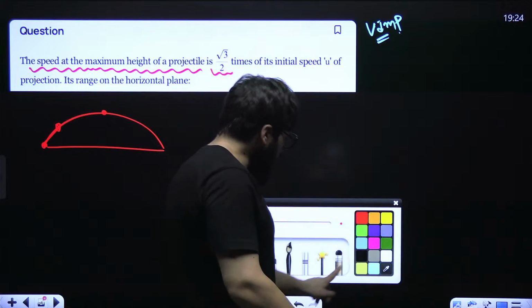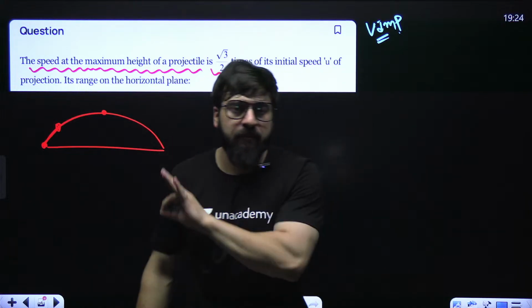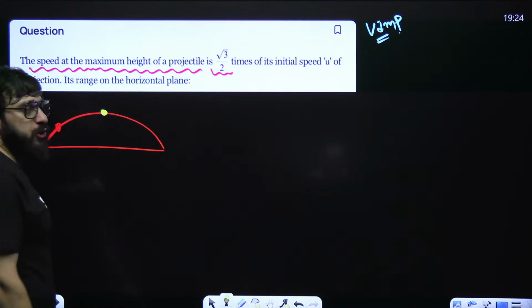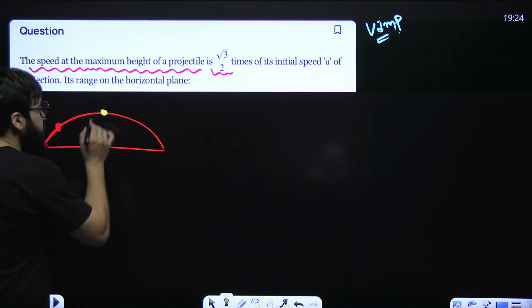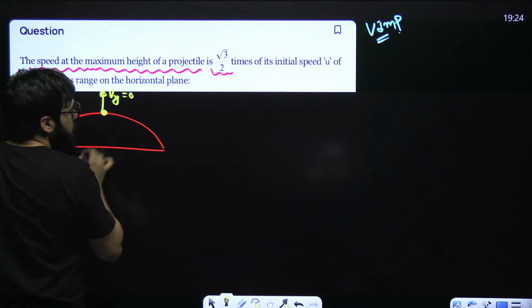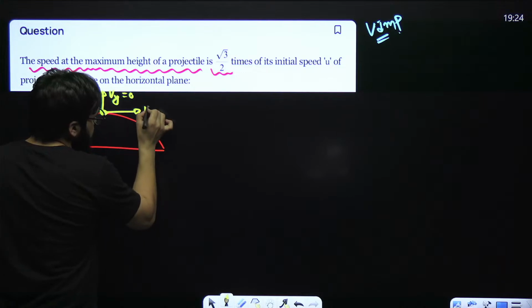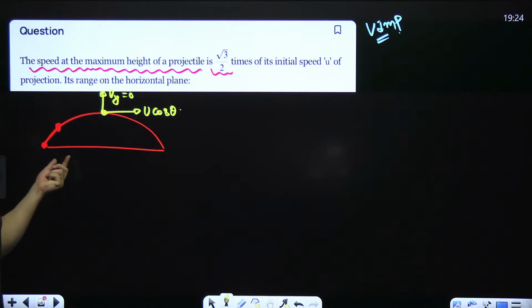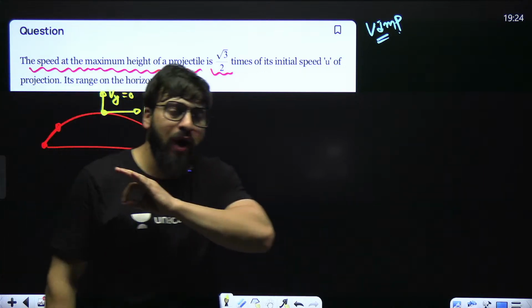From the concept itself, if you remember, I have told you what is the velocity at the topmost point of the projectile. Guys, at the topmost point, the vertical component of velocity is 0. But the horizontal component remains the same, that is u cos theta. Initially it is u cos theta and it will remain the same throughout the entire journey.